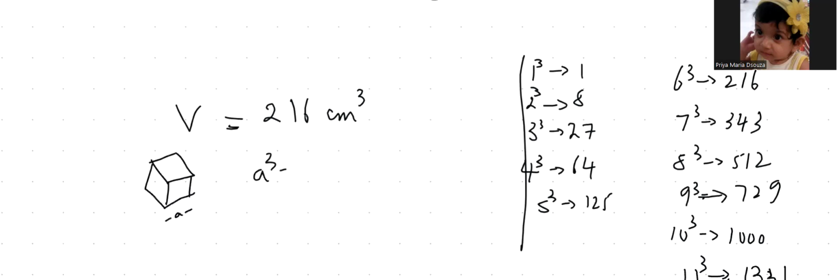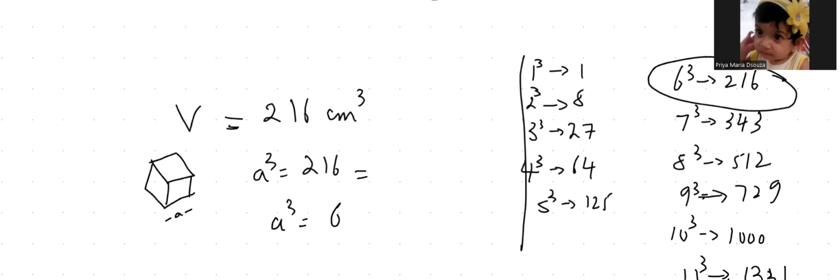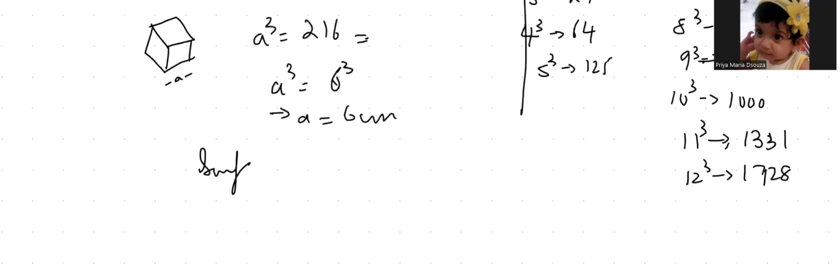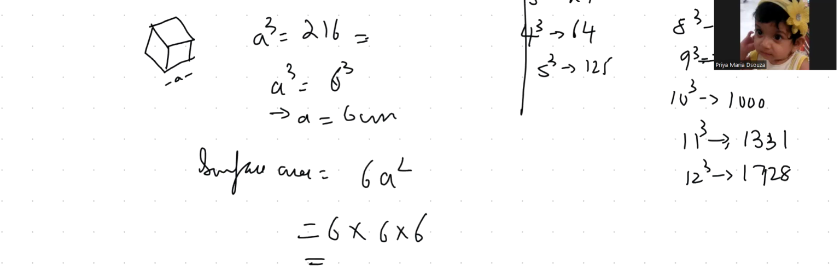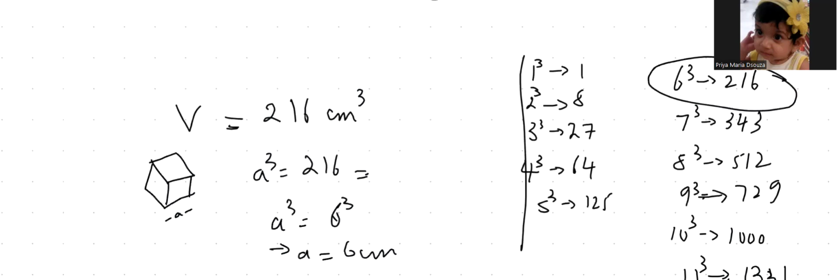Now, if you look at the table, what is A cube? A cube is 6 cube, isn't it? So A is 6 centimeters. If A is 6 centimeters, what is surface area? Surface area of a cube is 6 into A square. That is 6 into 6 into 6, which is again 216 centimeters square. In this case, numerically the volume and the surface area are the same.